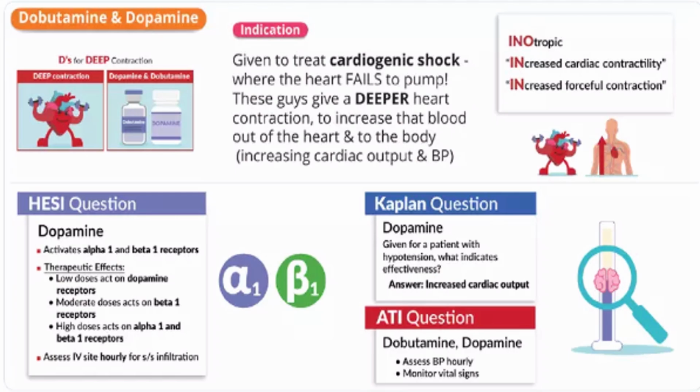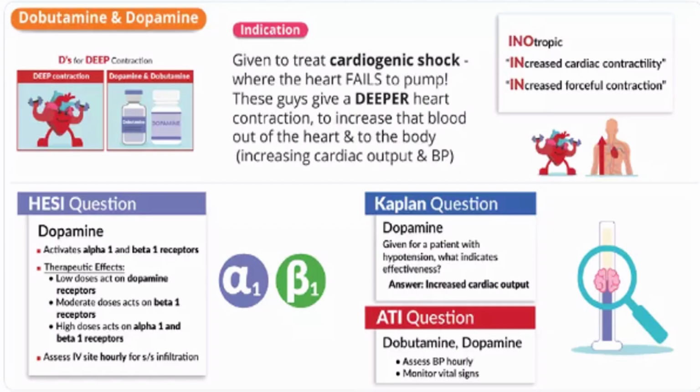You sure? Please not continue to give them, right? Now they're going to need the medication still, so we may change the site and continue to give them the medication, but I'm not continuing to give it through that site. Again, most of the time these are going to be through like central lines.